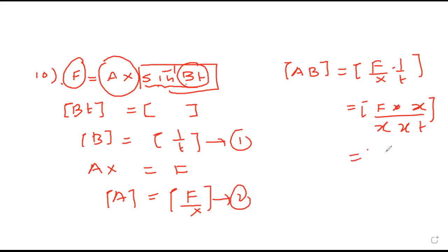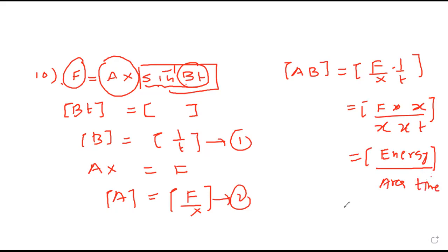Force into displacement is work and similar to energy also, correct? So can I say the numerator is like energy, force into displacement? Yes, sir. And x into x is like area, into time.